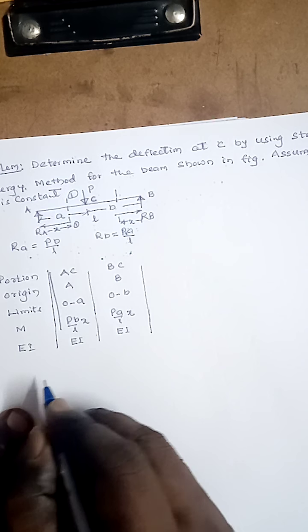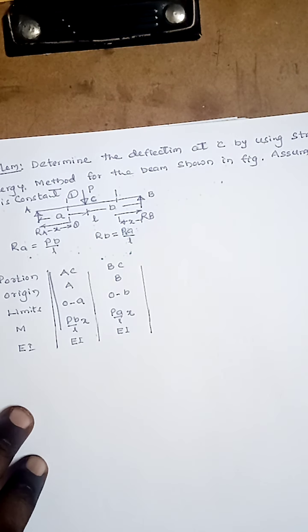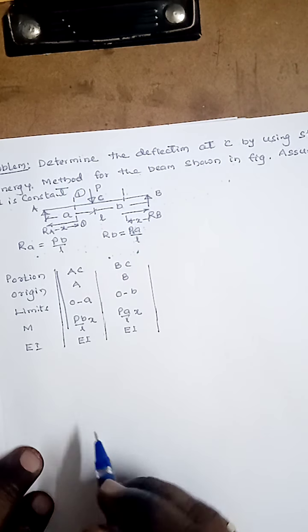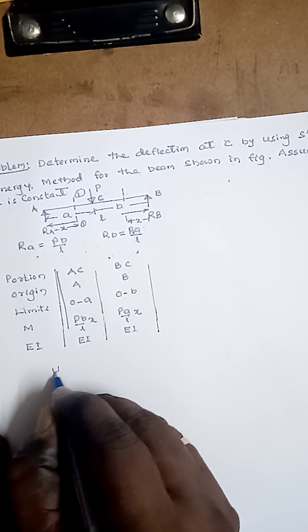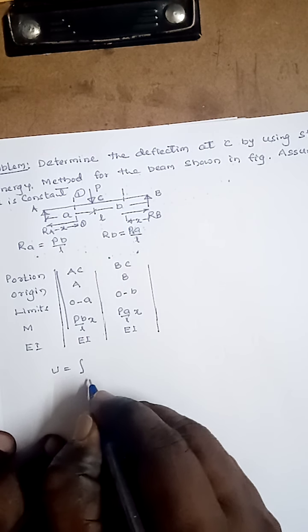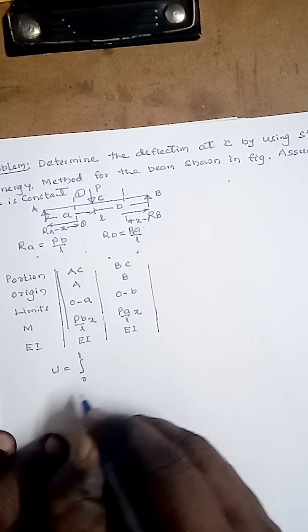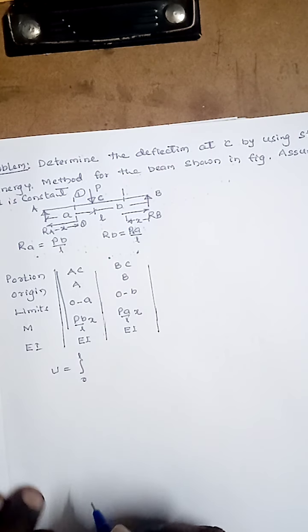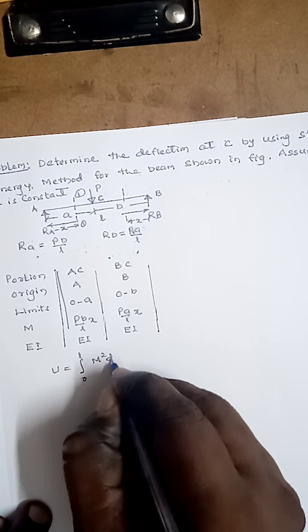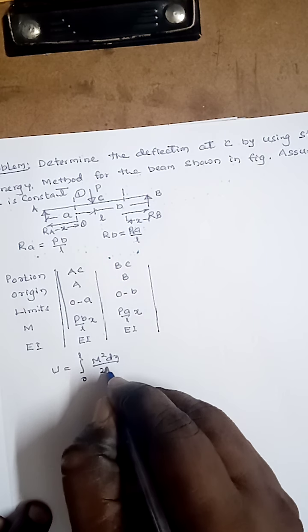Here we have calculated the bending moment, then the strain energy. We know that the expression for strain energy over the entire length of the beam is given by U equals integration 0 to L, M square dx divided by 2EI.